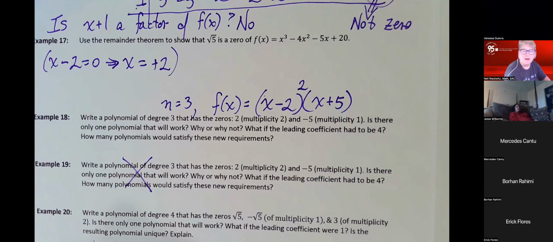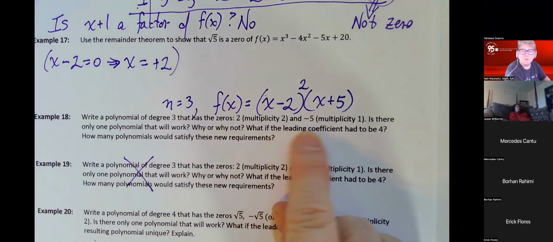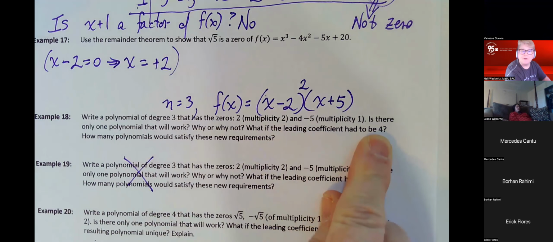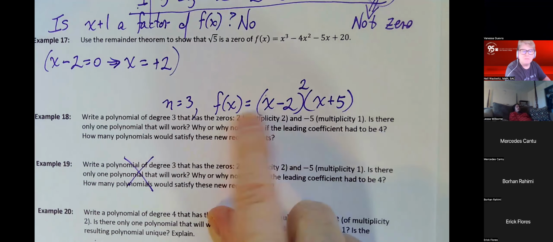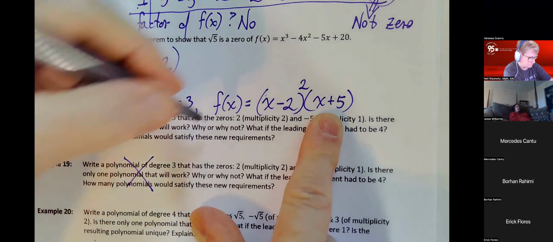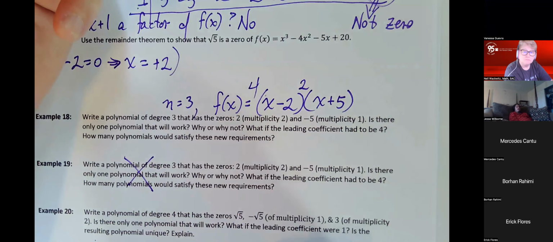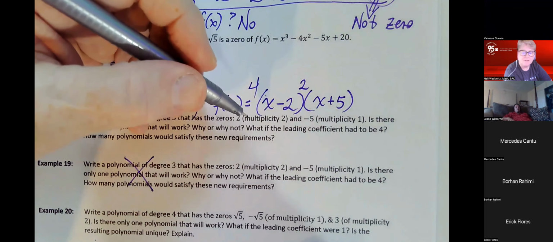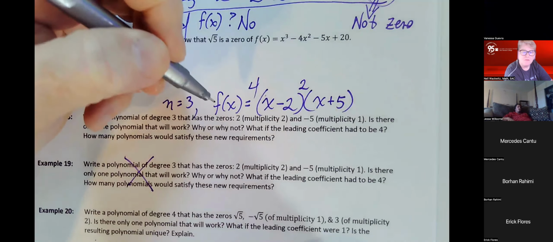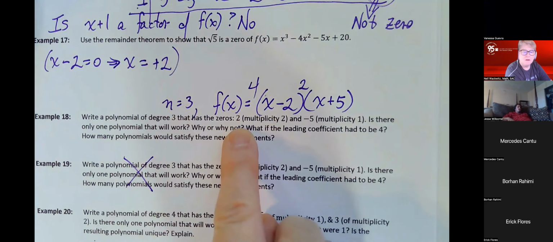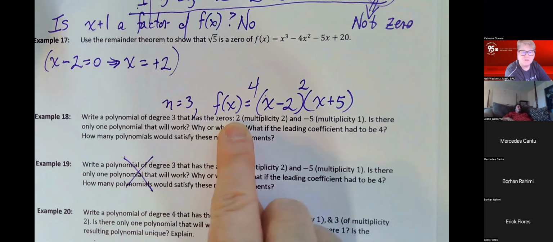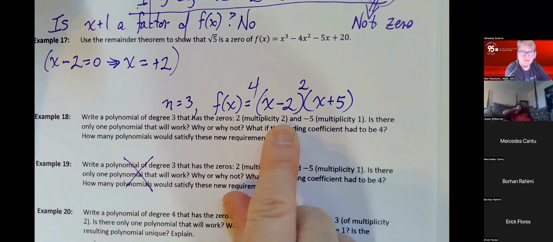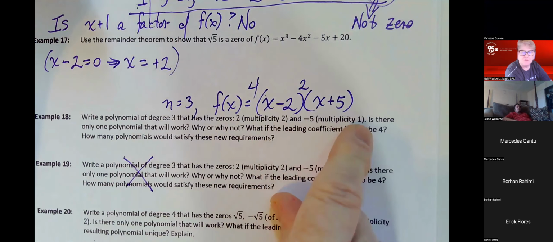And the next part might help you answer this question. What if the leading coefficient was 4? Would that polynomial work? If I stuck a 4 in here out front, would this form of f of x still have a 0 at 2 with the multiplicity of 2 and a 0 at -5 with the multiplicity of 1?